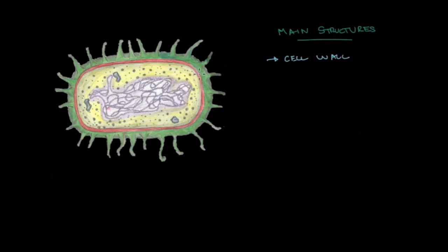Peptidoglycan means that it's comprised of polysaccharides and peptides, and I'm just outlining it here. The next layer is a cell membrane, a lipoprotein cell membrane, comprised of a phospholipid bilayer associated with proteins.